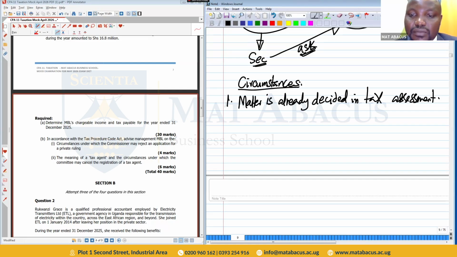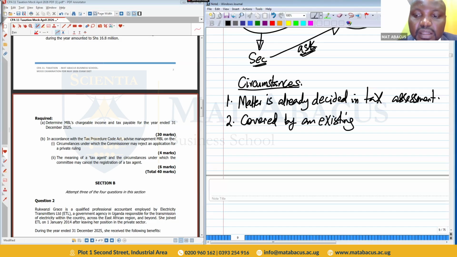He cannot again give a private ruling on the same matter. Two, when the matter is covered by an existing practice note.